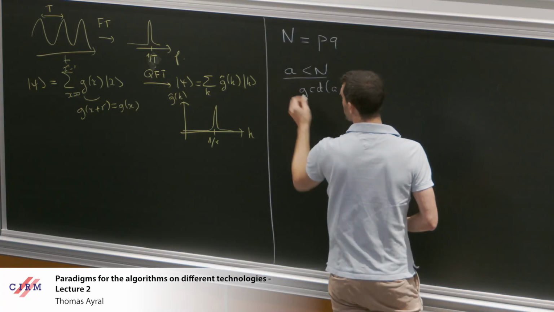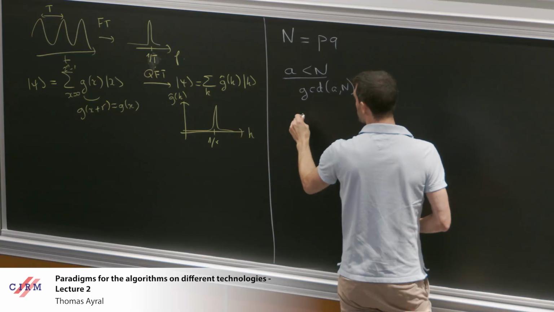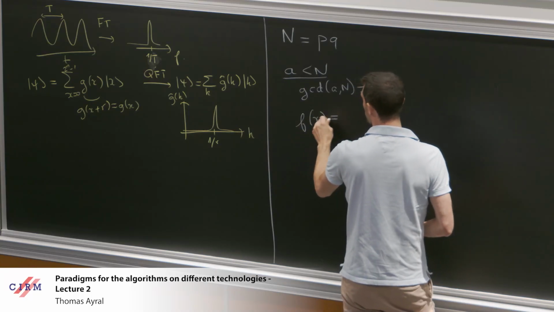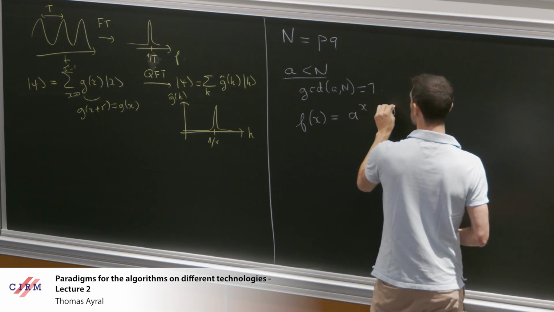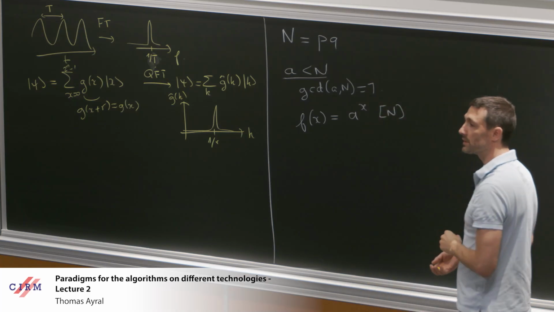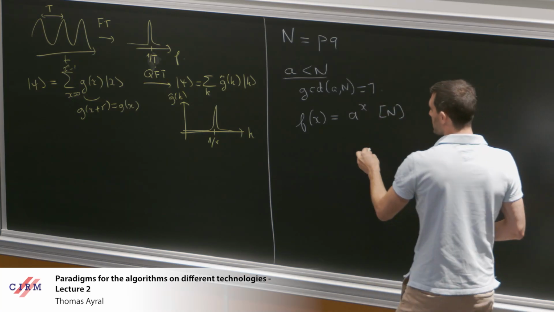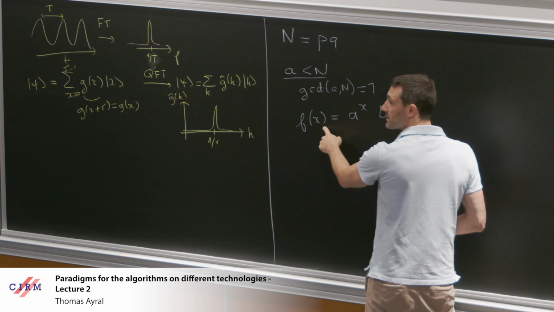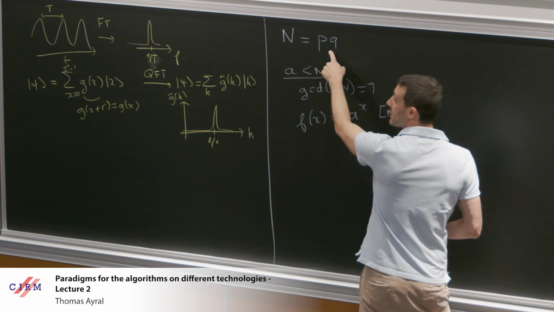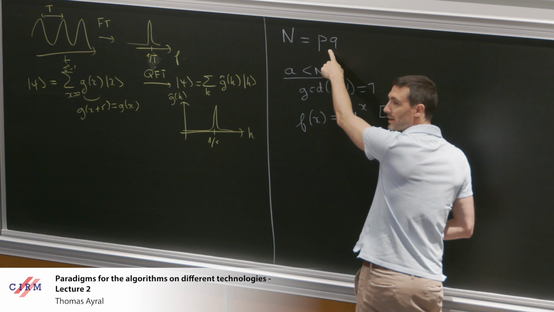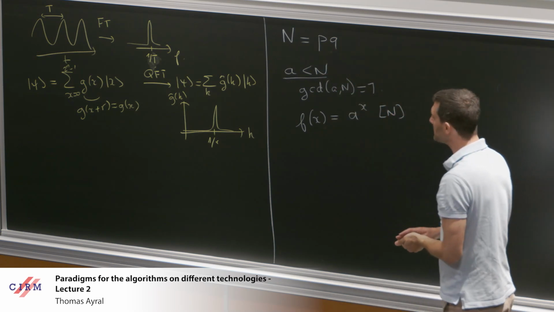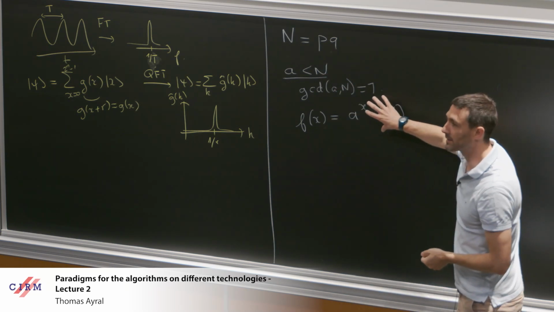So suppose you have found such a number, then if you construct the function a power x modulo n, it turns out that finding the period of this function will allow you to find the factorization. I'm not going to prove it because I guess Pierre-Alain is going to explain the arithmetic behind it.